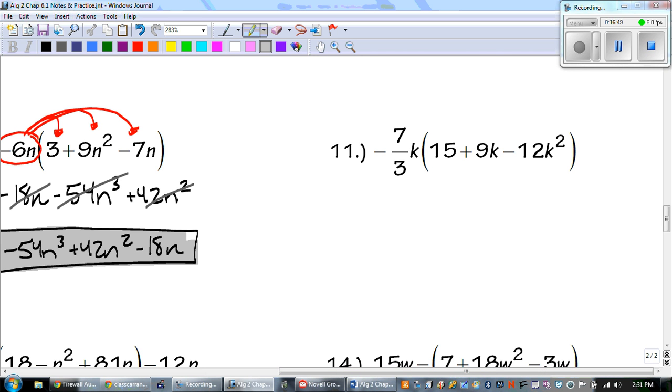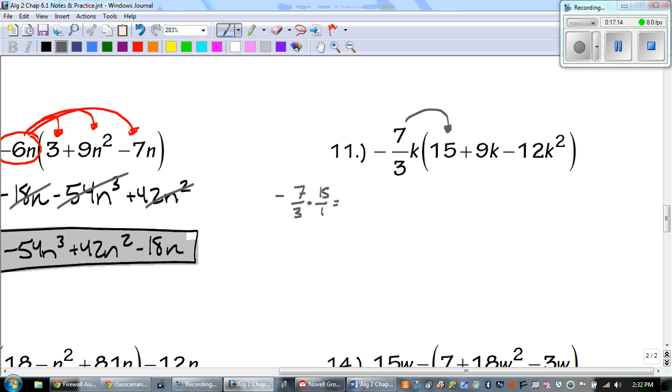Okay, number 11. Don't freak out because they're fractions. Okay? Off to the side, negative 7 over 3 times 15 over 1. I don't know if you guys want to reduce or multiply straight across. I normally just multiply straight across and then reduce, just because we've got those little calculators, we might as well put them to use.